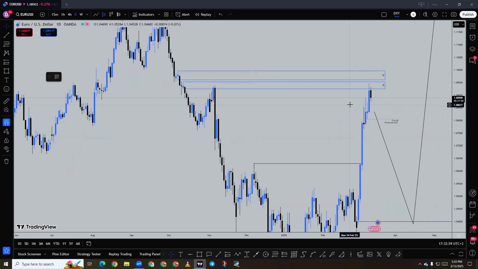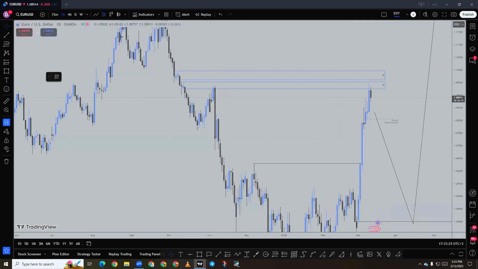It's not a must that we get that, but it is a good sign that we may see such a reaction from that order block. Right now I'm having my eyes fixed on that supply order block.